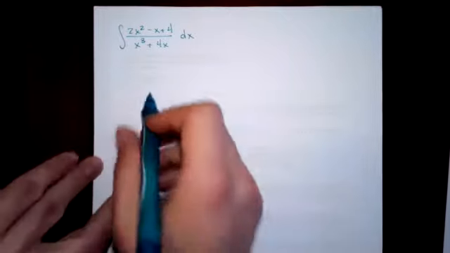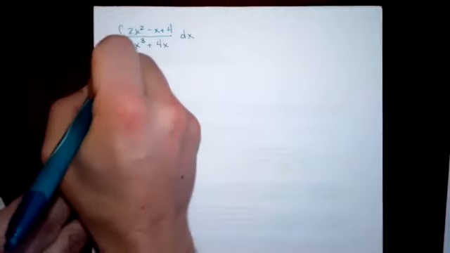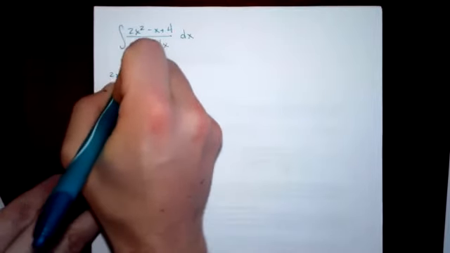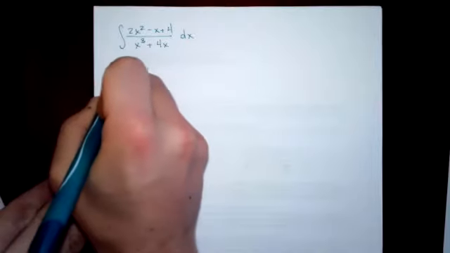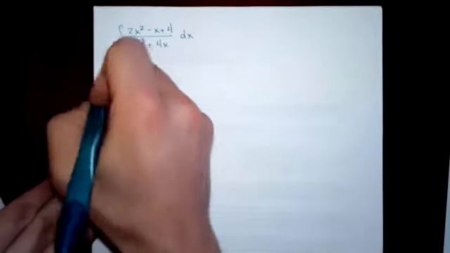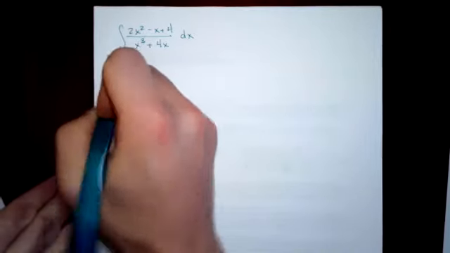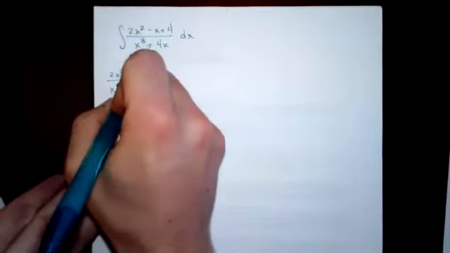So 2x squared minus x plus 4 divided by x cubed plus 4x. So when we factor the denominator, we really just factor out 1 power of x.